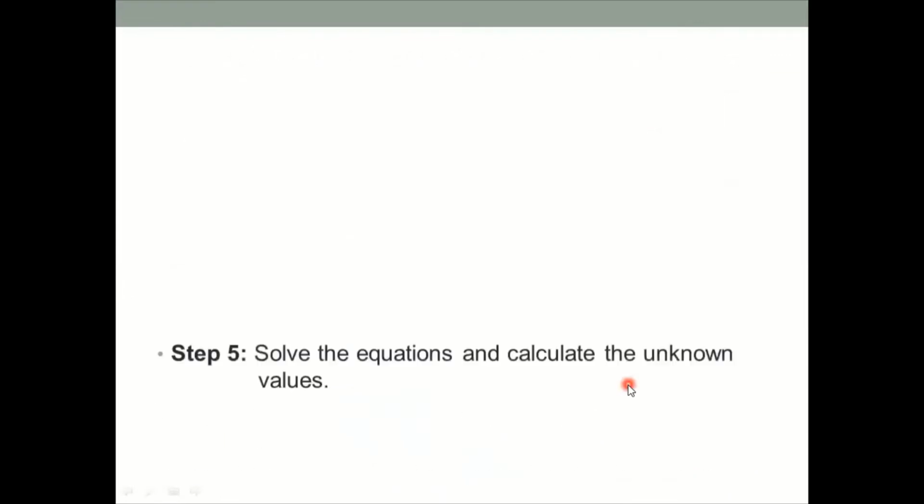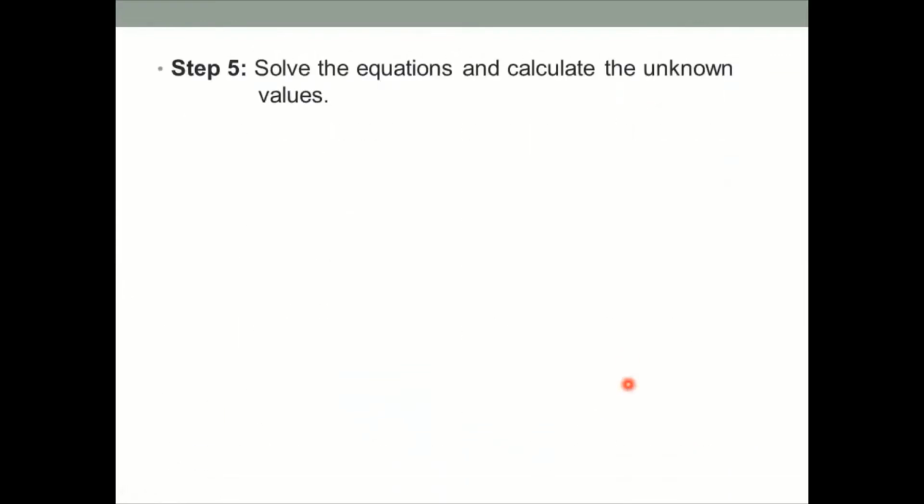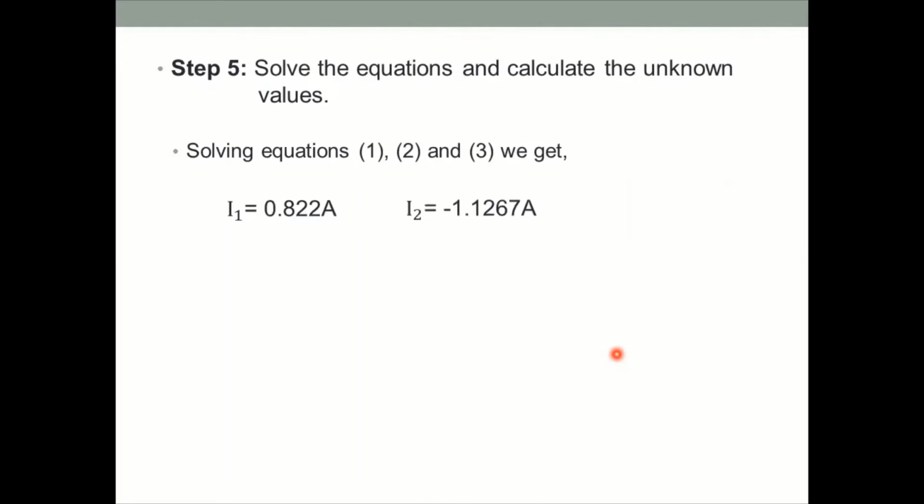Coming to step 5, we are going to solve the equations and calculate the unknowns. Solving equations 1, 2 and 3, we get I1 as 0.822 amperes, I2 as minus 1.1267 amperes and I3 as minus 2.676 amperes.